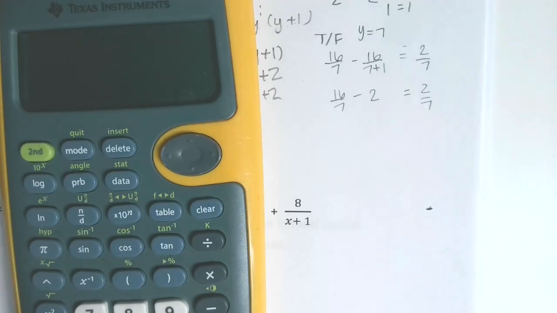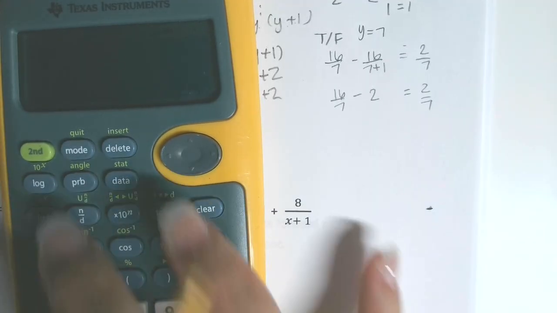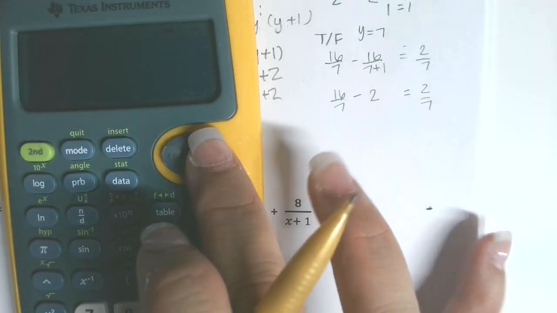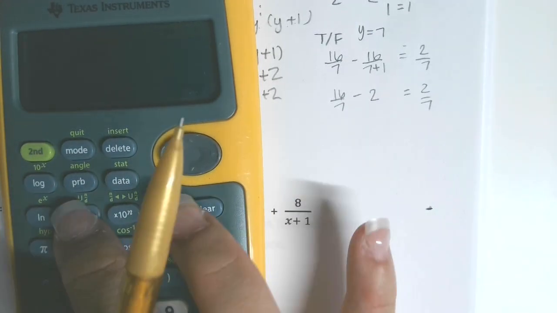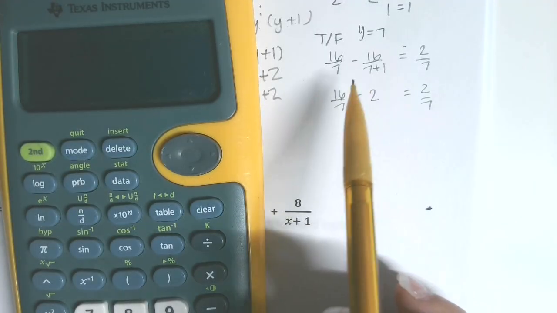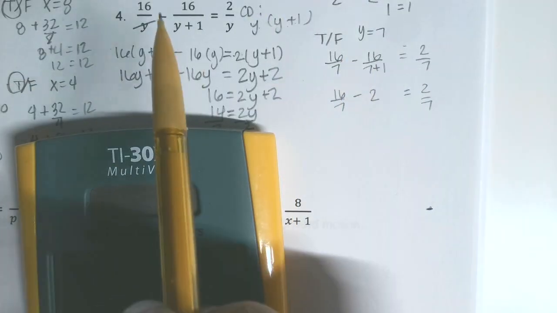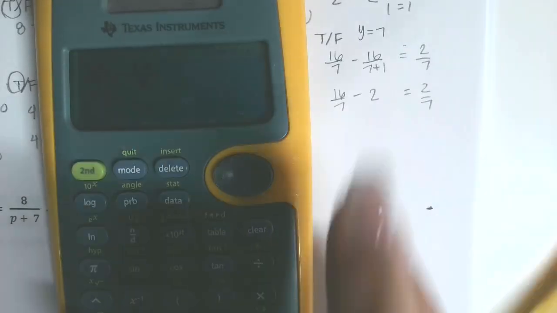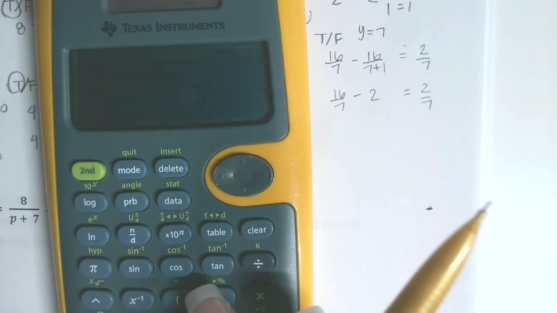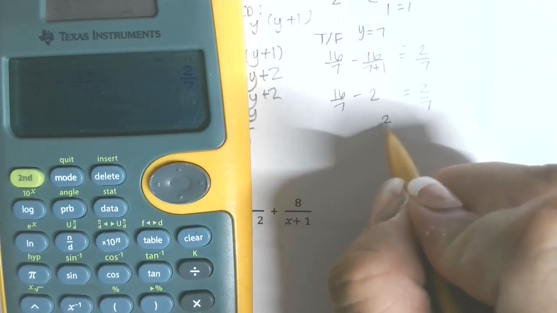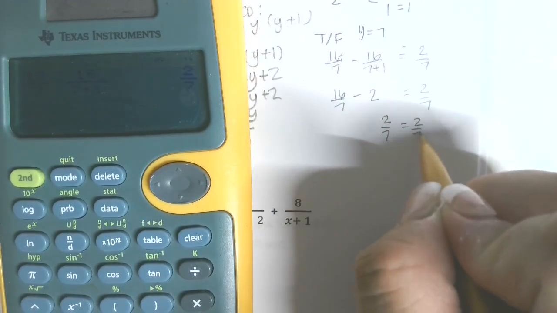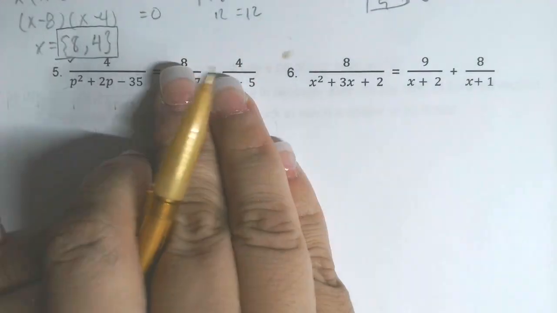So it's going to be 16 over 7 minus 16 over, let me make sure, 7 plus 1, and get 2 over 7. Okay, so 2 over 7 equals 2 over 7. Okay, so this is number 5.